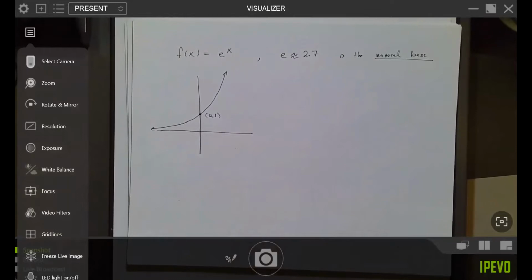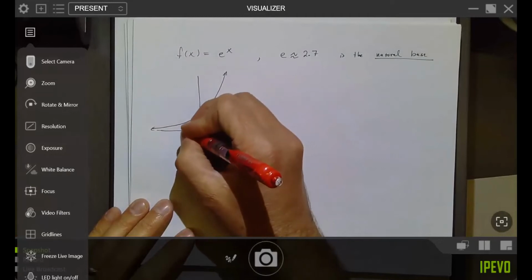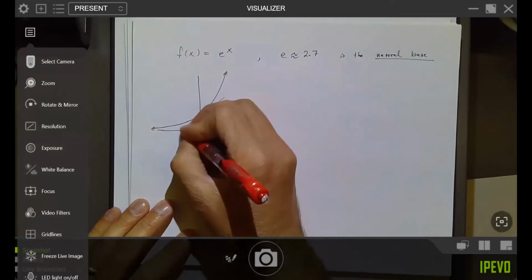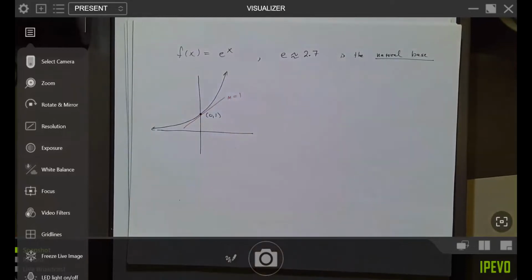One thing that's special about this graph versus any of the other exponential graphs is that at this point, the slope of the tangent line is equal to 1. That might not seem very special, but it's the only one, meaning all the other ones, 2 to the x, or 3 to the x, or 5 to the x, they all have tangent lines with a different slope there that's not 1.